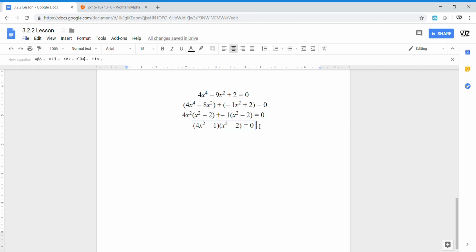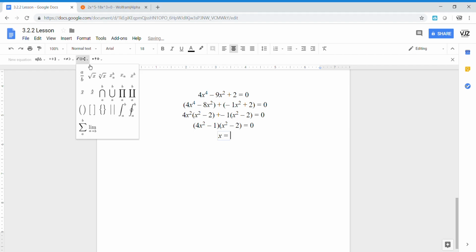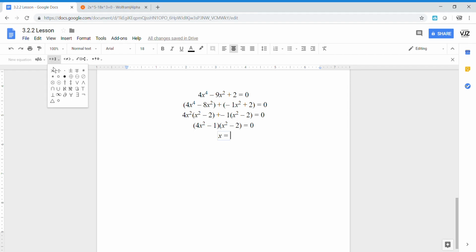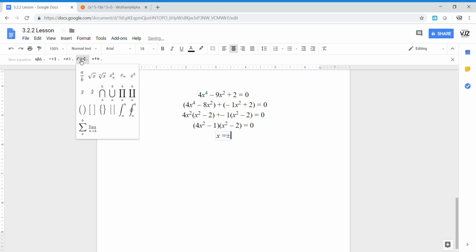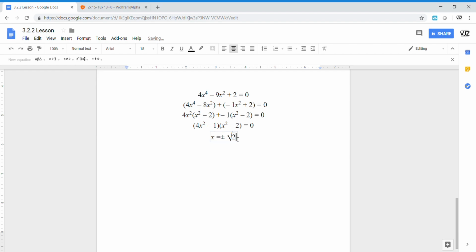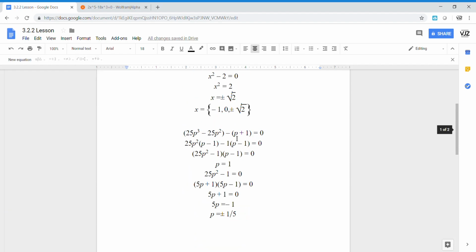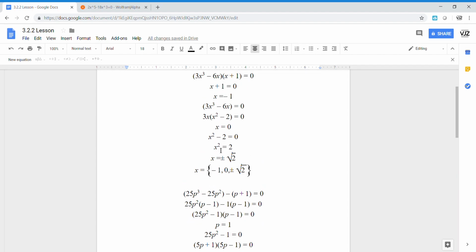And let's just solve this like so. I'm not going to write it again, because this is just equal to plus and minus the square root of 2, as shown right here.